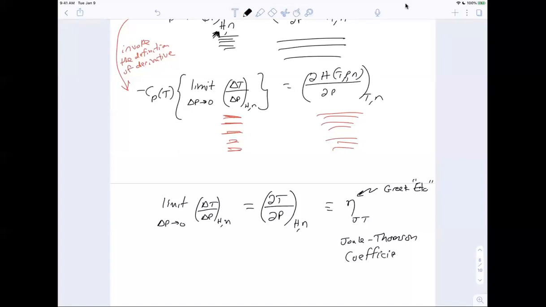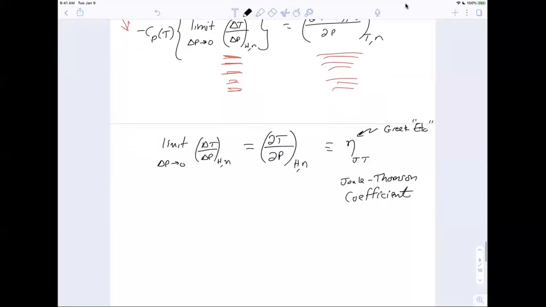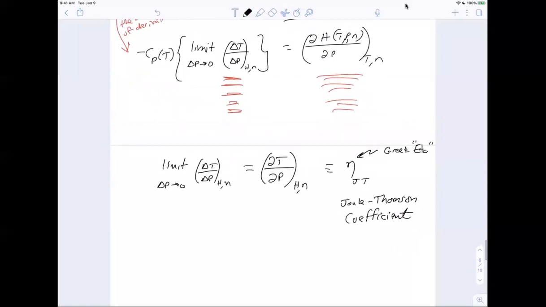Once we define this, looking at this expression, we can write the partial of H with respect to pressure at constant temperature and N is equal to minus Cp of T, which is the constant pressure heat capacity, times the Joule-Thomson coefficient.